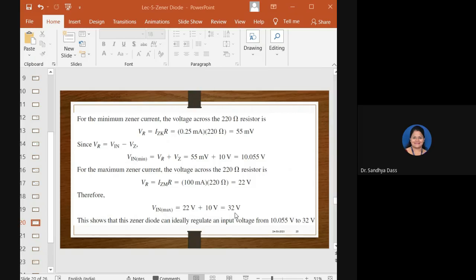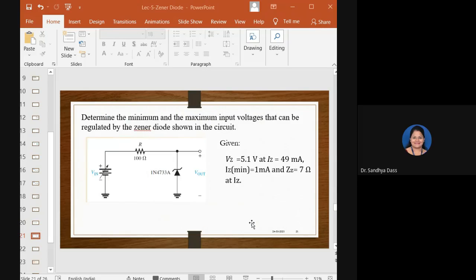That is 32 volts. So this indicates that the Zener diode can ideally regulate an input voltage from 10.055 volts to 32 volts. So if you give the voltage range between 10.05 volts to 32 volts, all right, so the voltage that can be maintained across the Zener diode will be 10.